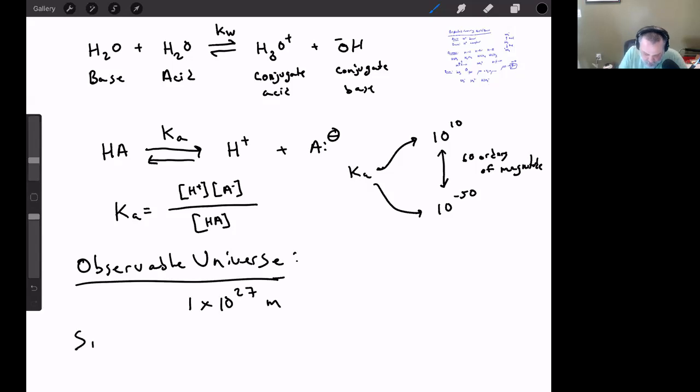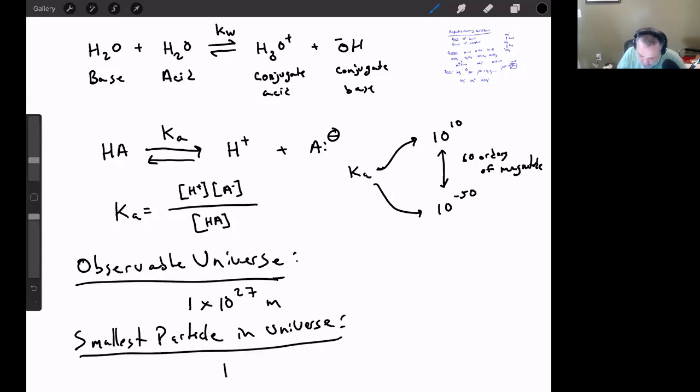What about the smallest particle in the universe, or one of the smallest particles? Let's use a quark. I think they're on the order of 1 times 10 to the negative 18th meters. And so what's this in terms of orders of magnitude? This is essentially 45 orders of magnitude.